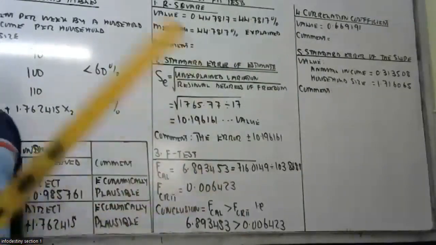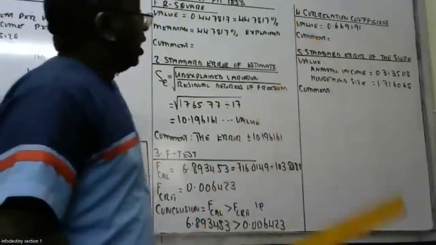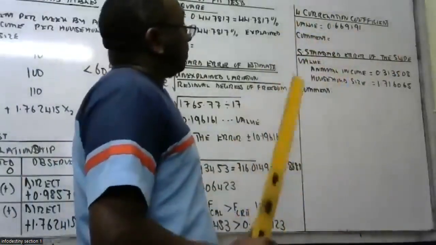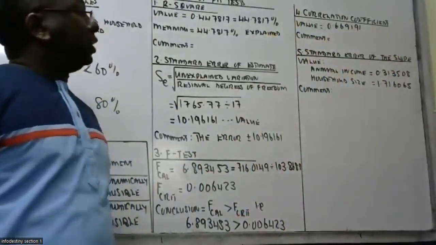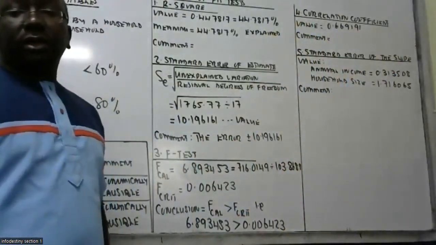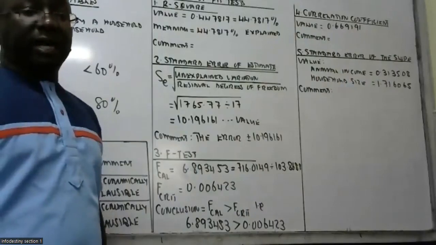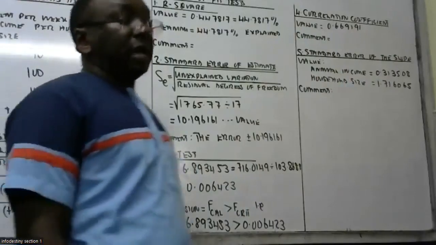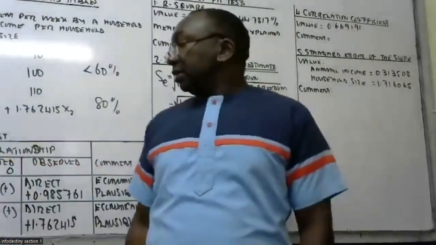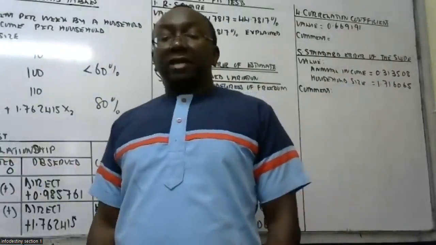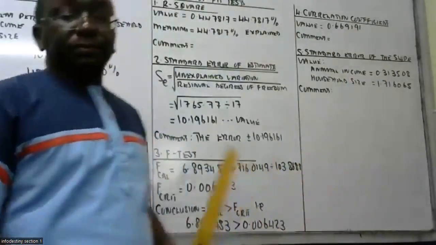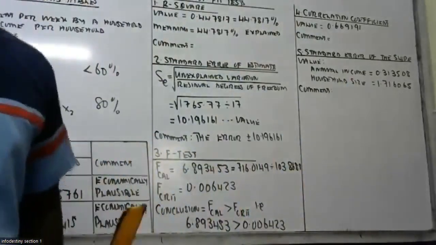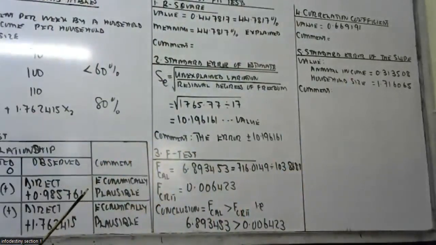Now that we have 2 of them here, we will say annual income is a better predictor of the amount spent than the household size.